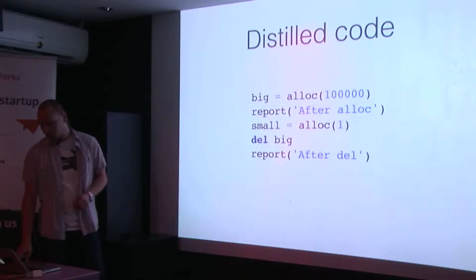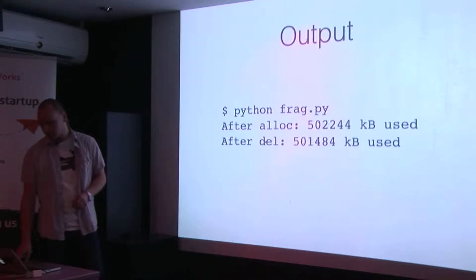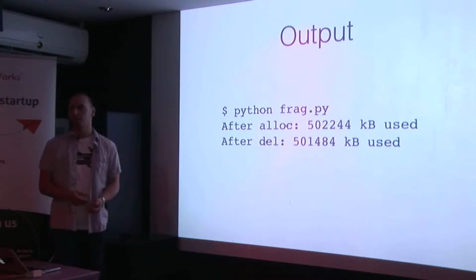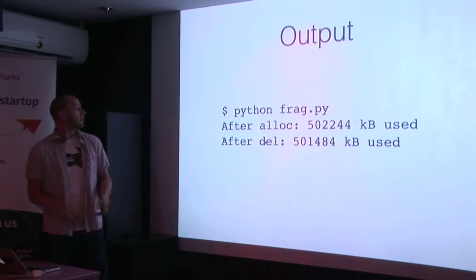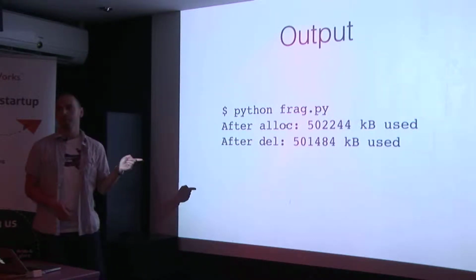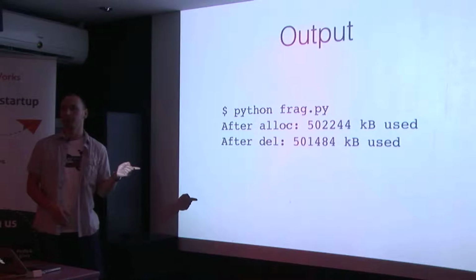So after boiling the code down to this and then seeing this output, I was quite annoyed because I didn't really know what was happening. As you can see here, after allocation of a big chunk of memory, we have half a gigabyte of memory used. And this is the memory used as reported by the system.